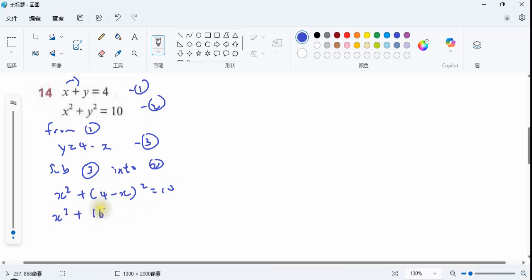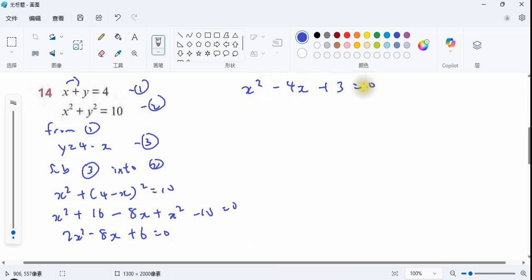Then x squared plus 16 minus 8x plus x squared minus 10 equal to 0. Then we have 2x squared minus 8x plus 6 equal to 0. And all divided by 2, x squared minus 4x plus 3 equal to 0. And then we do the factorization, x minus 1, x minus 3, so x equal to 1, x equal to 3.